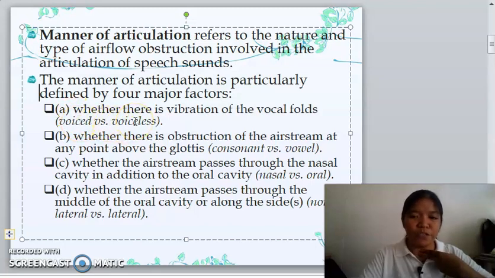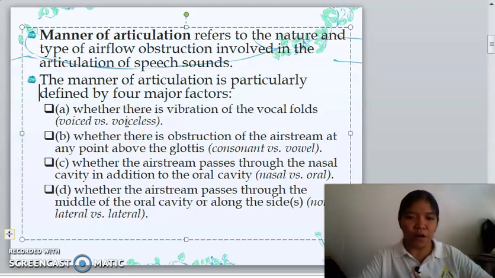When you produce the sound, the same, putting your two fingers on your throat and you produce the sound of M, M. Still, there is a vibration, so it is voiced. Say, for example, produce the sound of F. We do not feel any vibration, so it is called voiceless sound. So there is one.